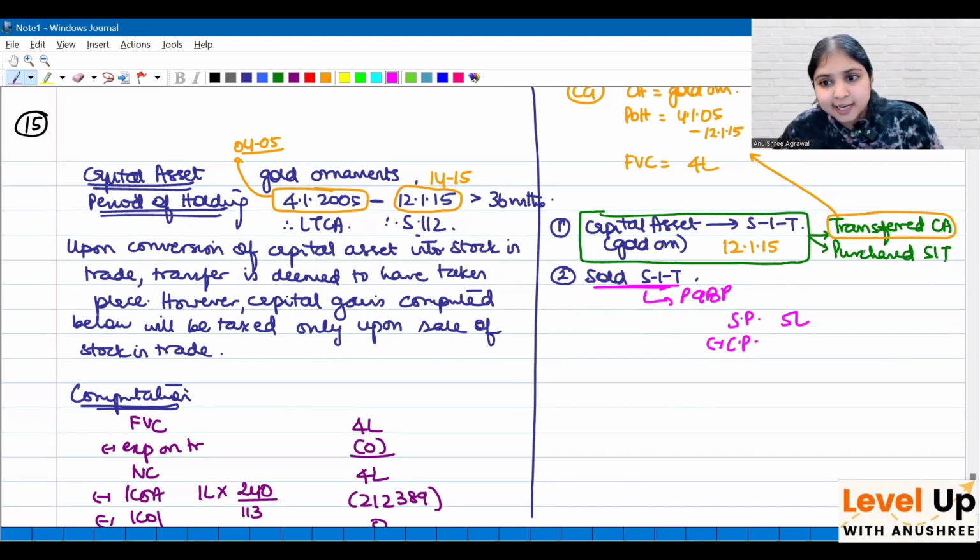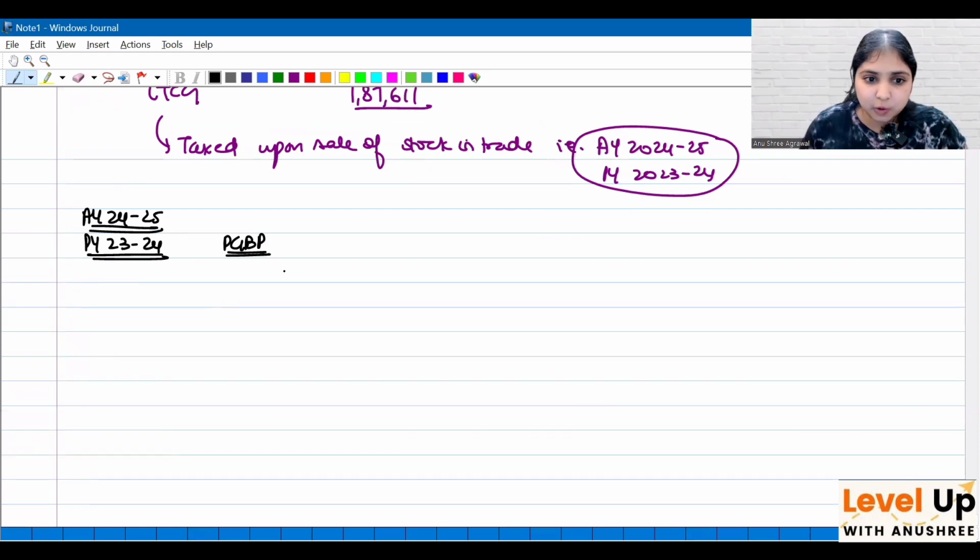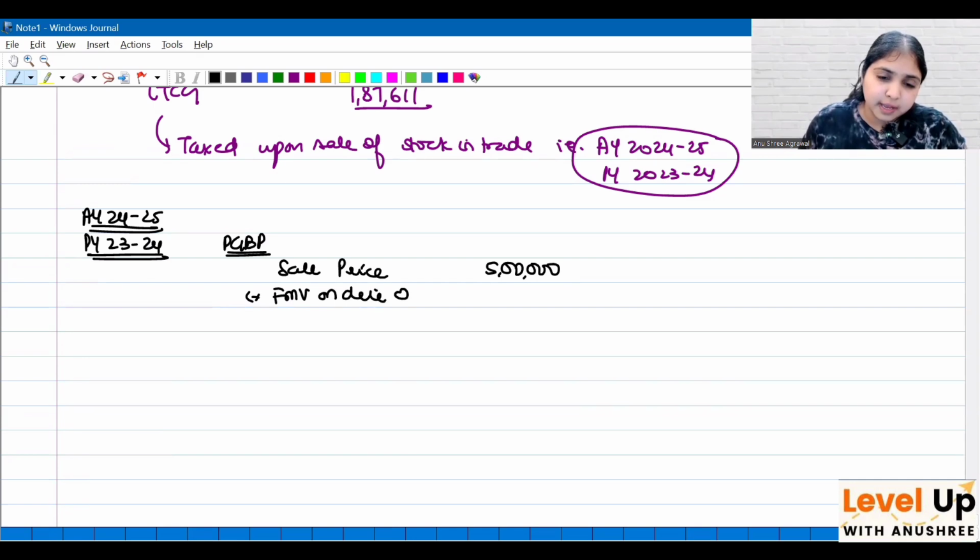What will be your cost price? Tell me, in reality, did you purchase the stock in trade? No. But on this date, had you gone and purchased the stock in trade, for how much you would have purchased? FMV 4 lakh rupees. So the balance 1 lakh becomes PGBP. Same thing we're going to write down. Write down sale price 5 lakhs less FMV on date of conversion 4 lakhs.